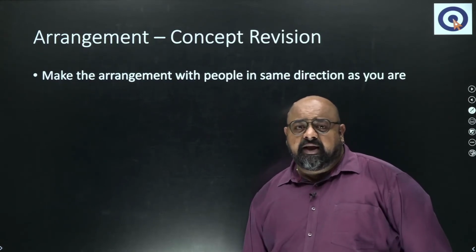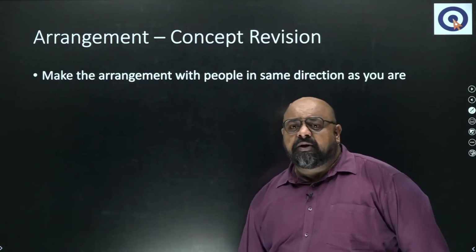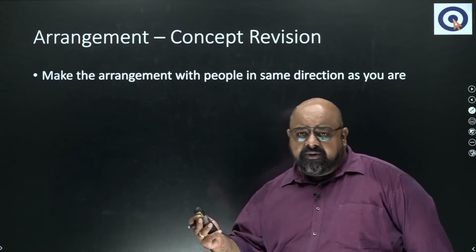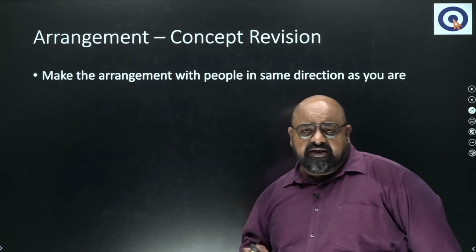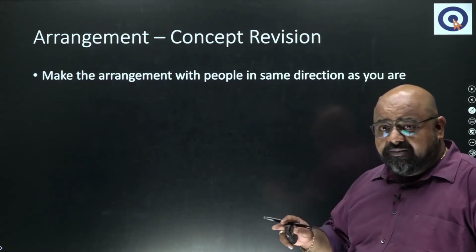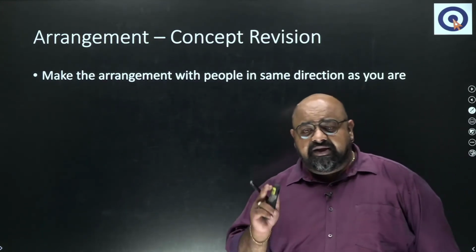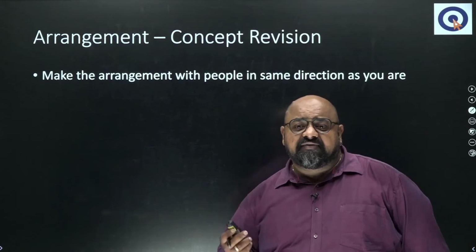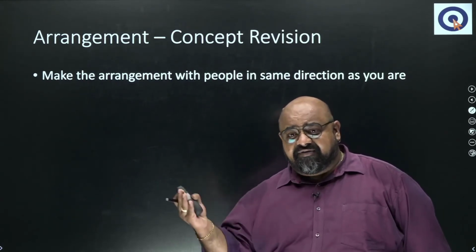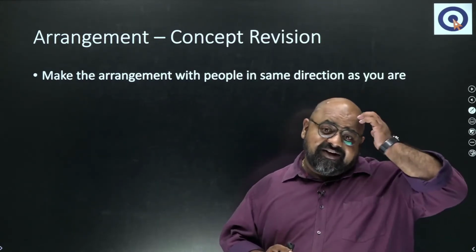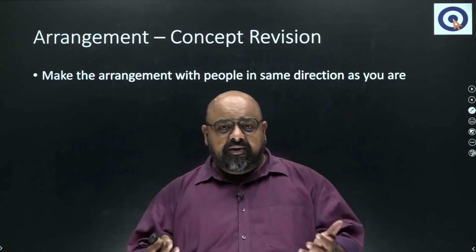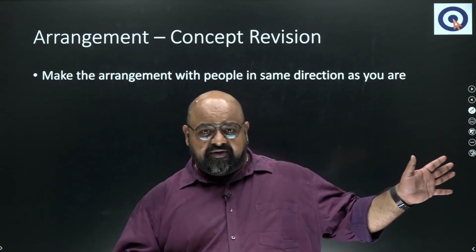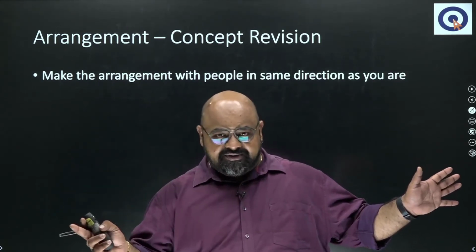So typically arrangements is you're trying to make people or things, put them in certain order. This order could be of different types, but when you're making this arrangement, especially when you're trying to put them in a straight line, make sure of the directions. Typically information will say a person is to the left, a person is to the right. Left and right change as you change. For example, probably right now I am facing you, this is my left, your left will be the opposite, right?